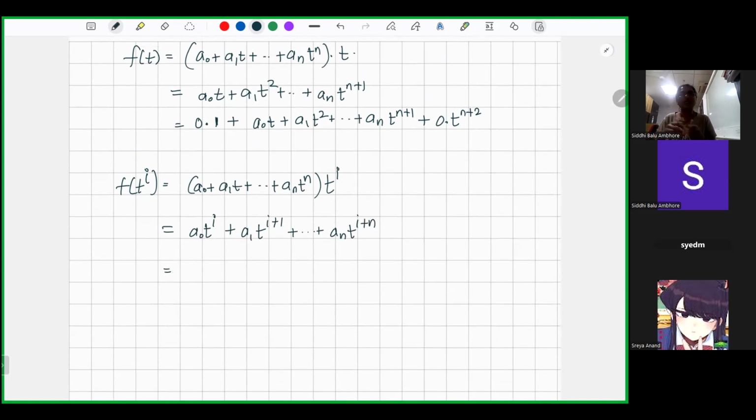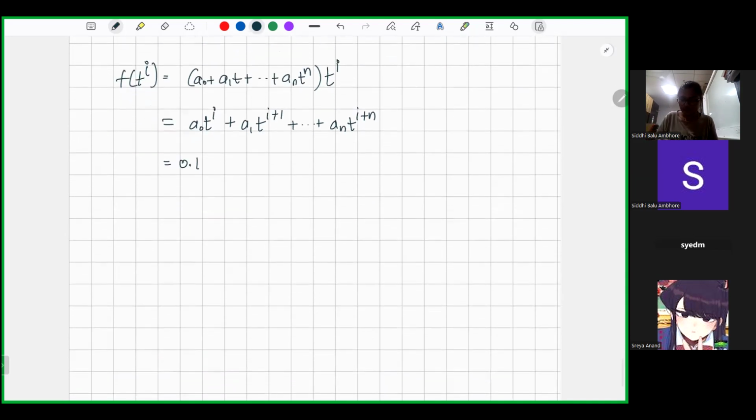And if I want to write it as a coefficient of the basis, this will be 0 into 1 plus 0 t, and so on up to 0 t power I minus 1, plus a naught t power I, and the thing continues. Let me write a few more terms: t power I plus n, plus now 0 t power I plus n plus 1, and so on, and rest are all zeros.